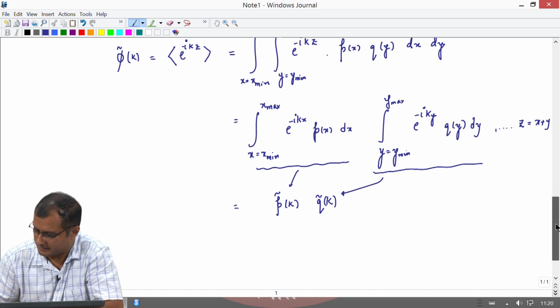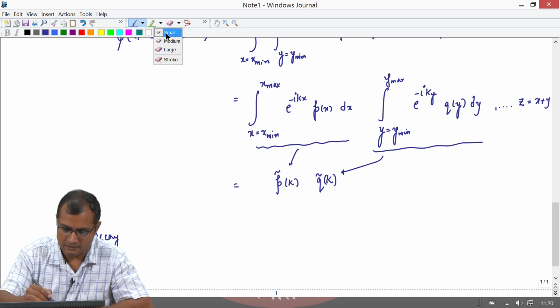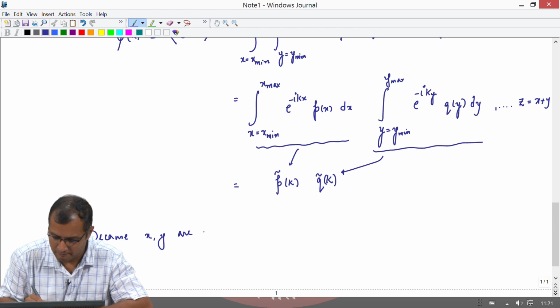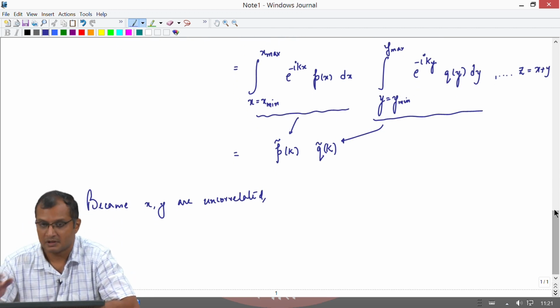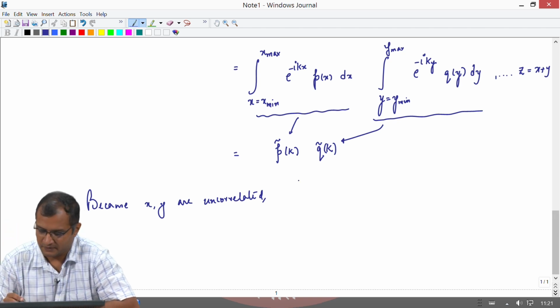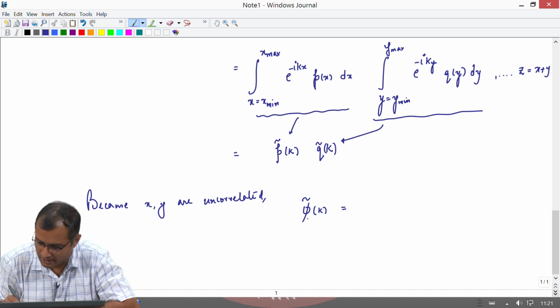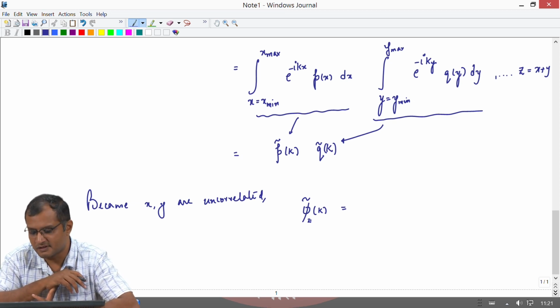Look at the beautiful result that we obtained. Because x and y were completely uncorrelated, the characteristic function of the sum is nothing but the product of the individual characteristic functions. I put a subscript z here, which tells you that this is the characteristic function of the z distribution.